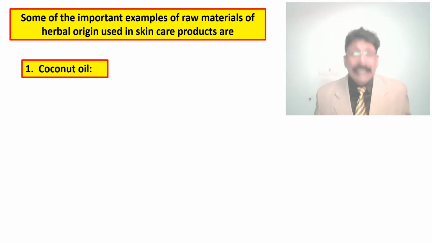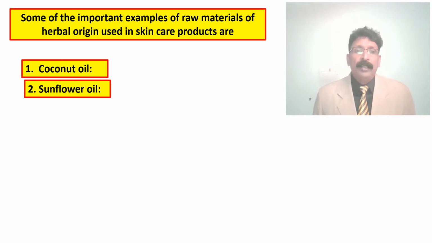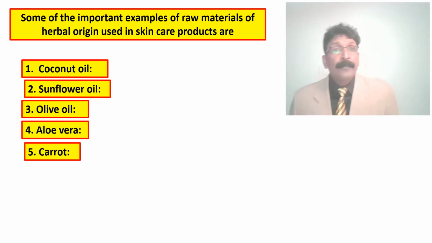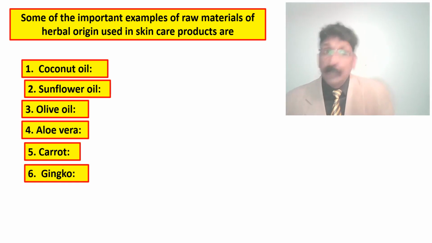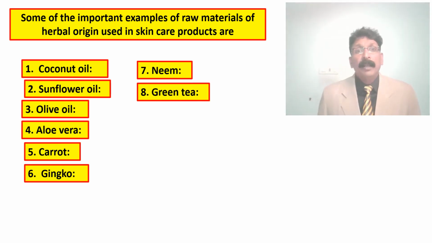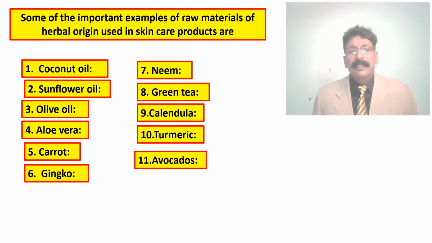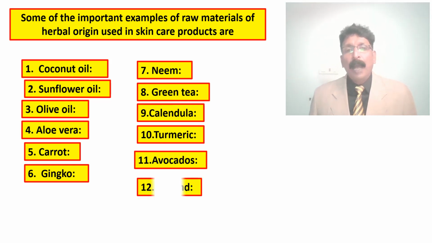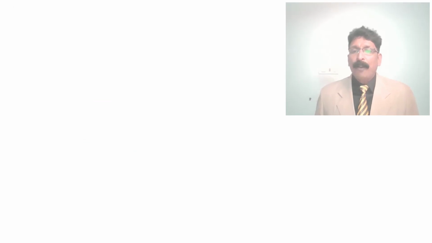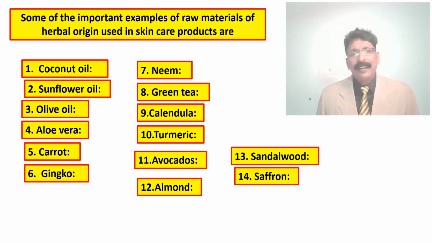In skincare: coconut oil, sunflower oil, olive oil, aloe vera, carrot, ginkgo, neem, green tea, calendula, turmeric, avocado, almond, sandalwood, saffron. So you can remember all these 14 and write down what you know about them.